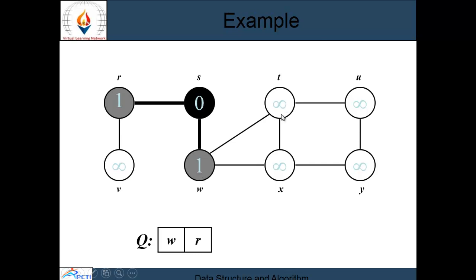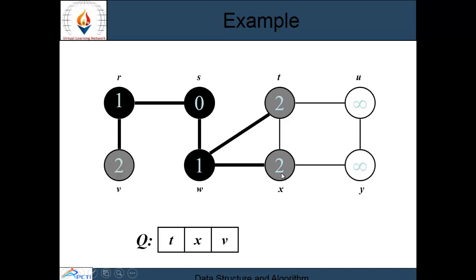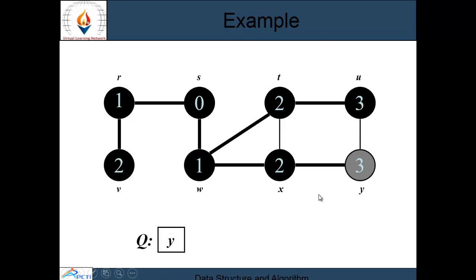Now the adjacent of R are T and X, and the adjacent of W is B. These are colored grey, and after that we will explore their adjacent. The adjacent of T is 3 and the adjacent of X is 3. In this way, BFS works, or the breadth first search traversal is performed in the graph traversing technique.